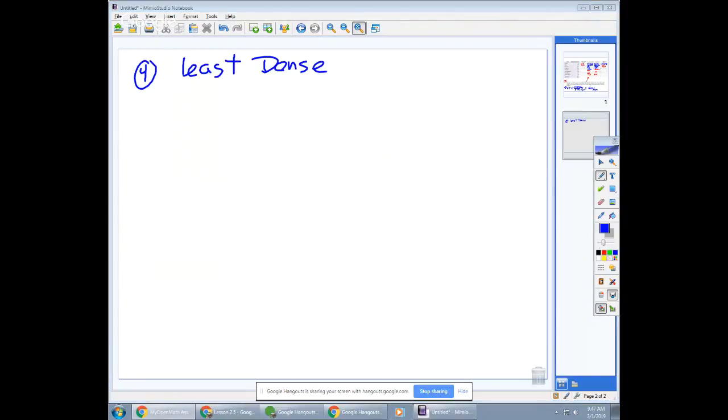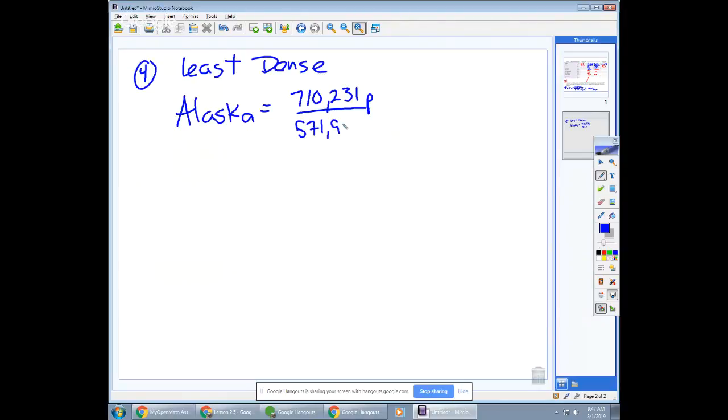All right, so I had Alaska with 710,231 people and an area of 571,951 square miles, which gave us a density of about 1.2 people per square mile.